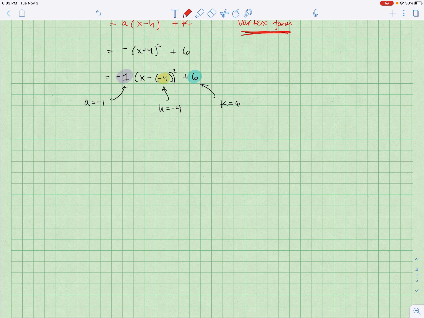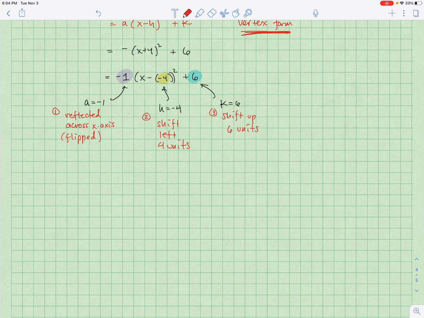Well, we're going to start off with the basic graph, and this is going to be reflected across the x-axis, or flipped upside down. This is going to be a shift left 4 units, and this is going to be a shift up 6 units. And I suggest you do them in that order.